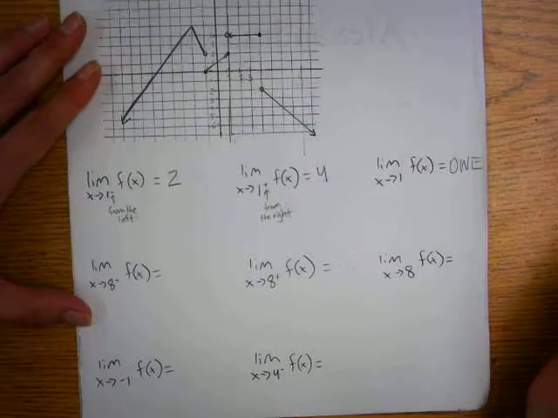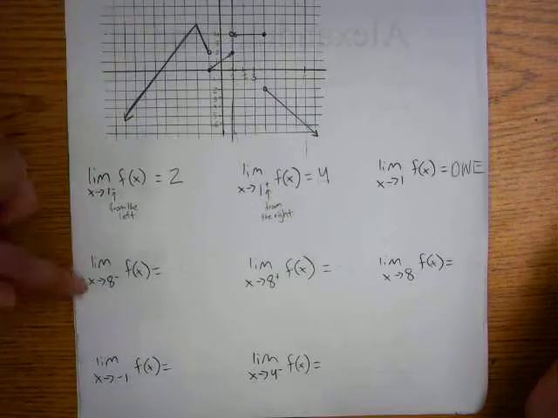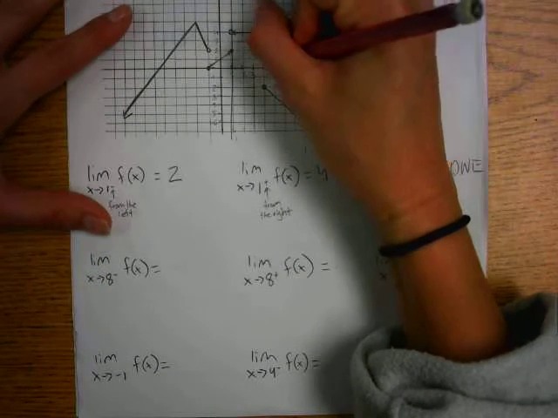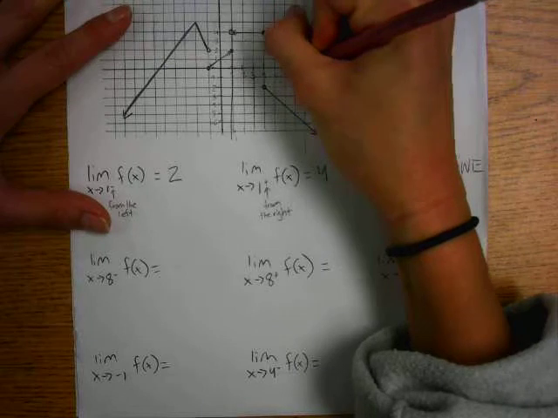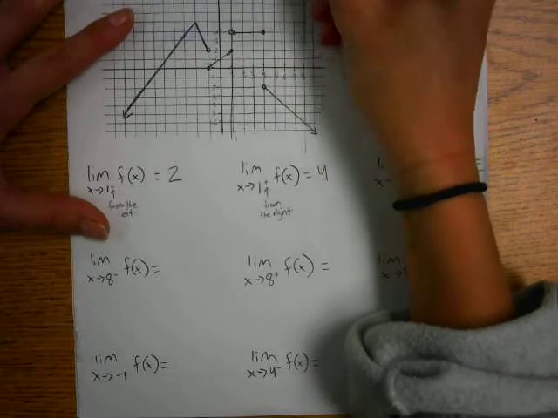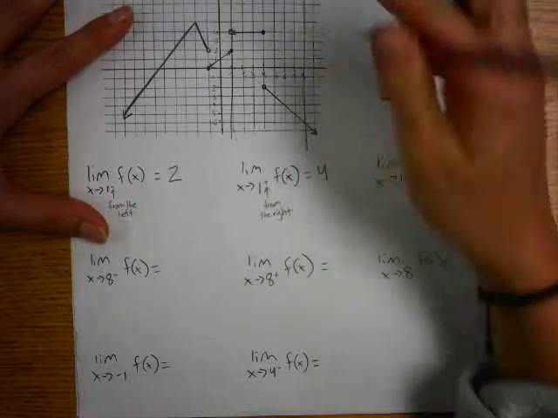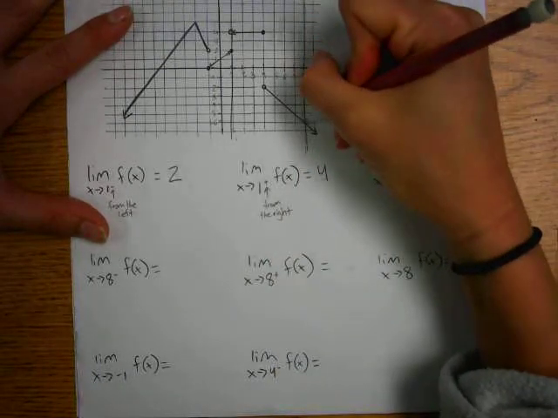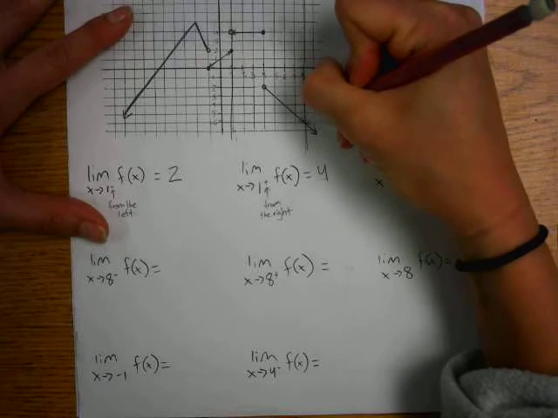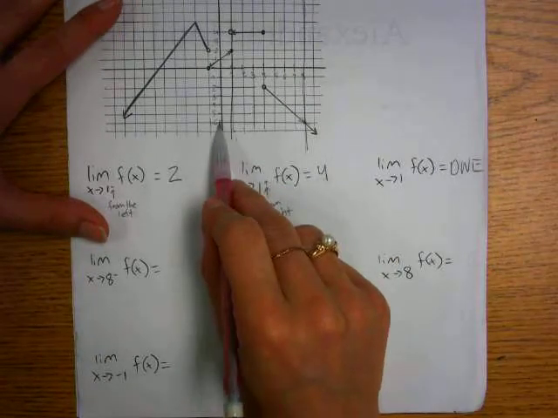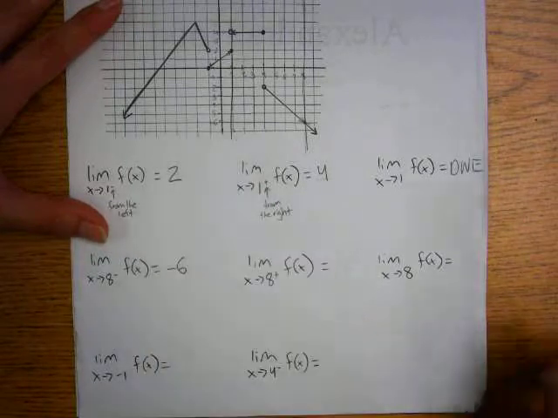Okay, so now that we have a little bit of an idea what's going on, let's go ahead and try another one. This one says the limit as x approaches 8 from the left of our function f of x. So let's go out here to 8: 4, 5, 6, 7, 8. And again, if I look from the left at numbers just smaller than 8, those would be right here, headed towards this point, and that point is at a y value of -6.